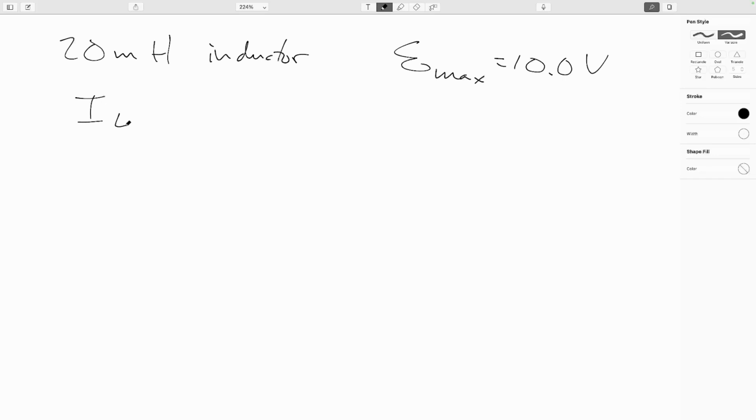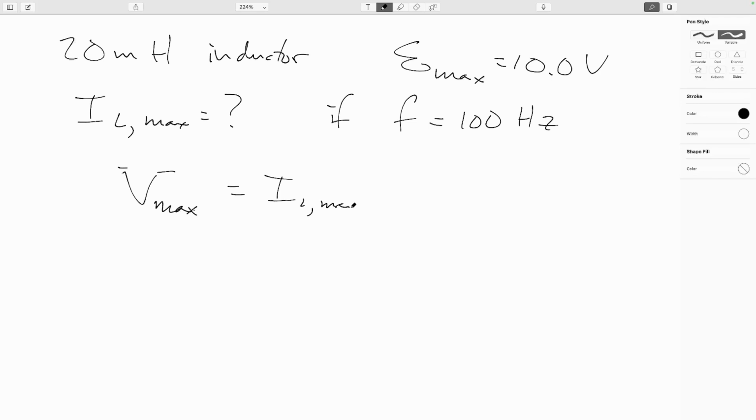I would like to know the maximum value of the current through the inductor if the circuit is being driven at 100 hertz. Okay, so my voltage across the inductor will be this EMF here. And since we're working in max values, we'll write max. This would equal I_L max times the inductive reactance.